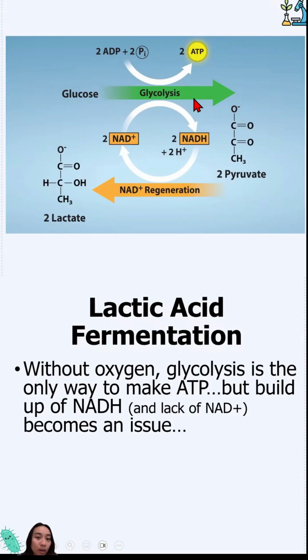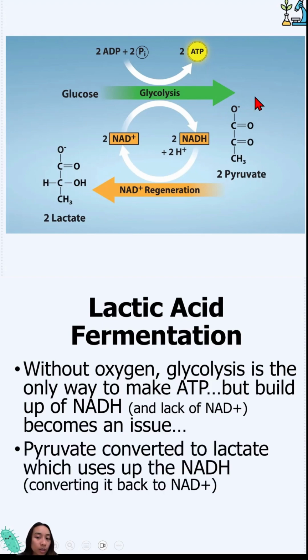And if we can't go through glycolysis, we die. So what the cell does is it gets pyruvate, which is produced at the end of glycolysis, and it converts it to lactate or lactic acid. They're interchangeable. Anyway, lactic acid is produced, and in the process, we are also converting NADH back to NAD+.